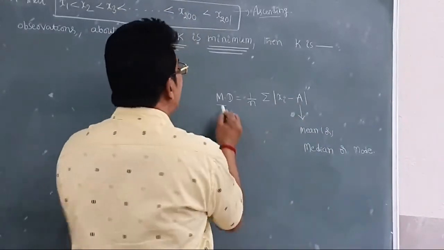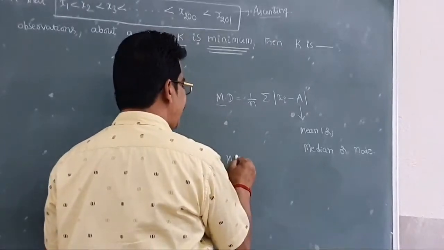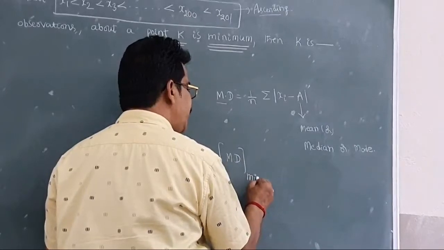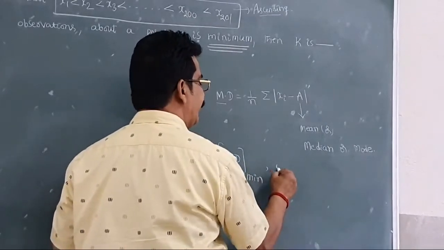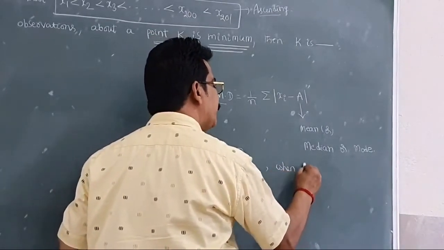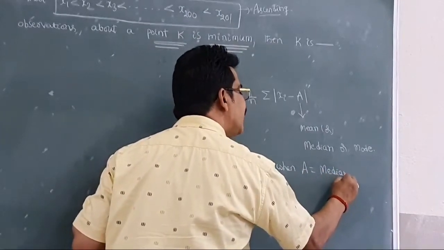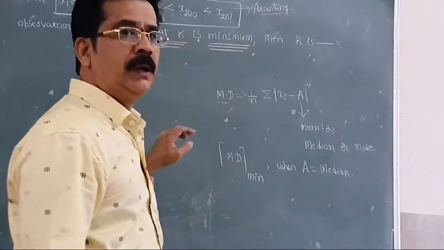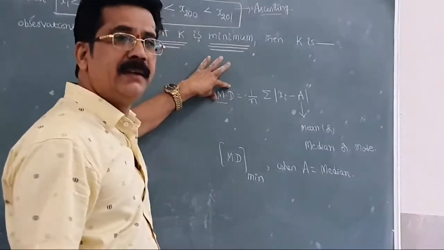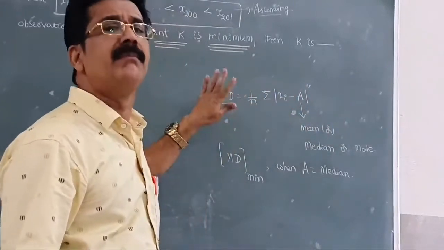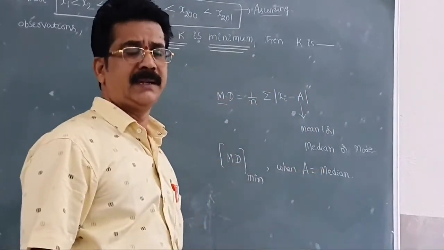I am telling that this MD will attain its minimum when capital A is equal to the median. So if MD is calculated about the median, then it will become minimum.